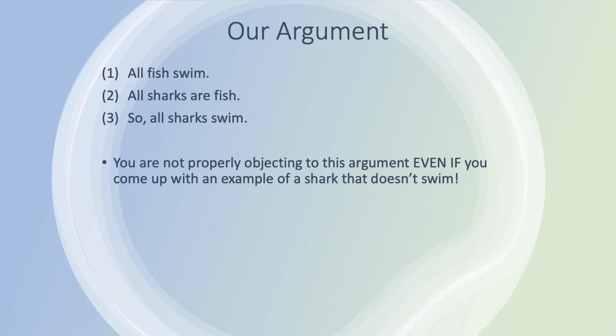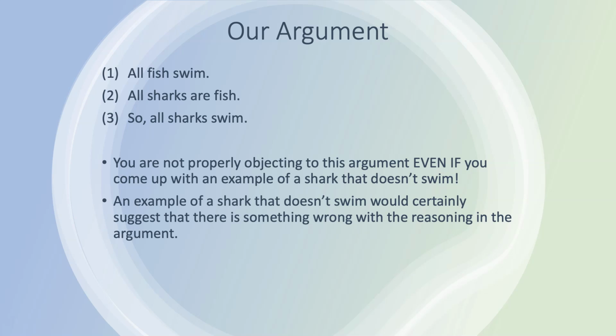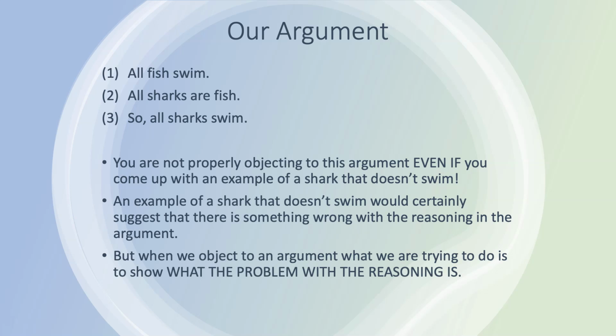Now, you're not properly objecting to this argument, even if you come up with an example of a shark that doesn't swim. An example of a shark that doesn't swim would certainly suggest that there's something wrong with the reasoning in the argument. But when we object to an argument, what we're trying to do is show what the problem is with the reasoning.